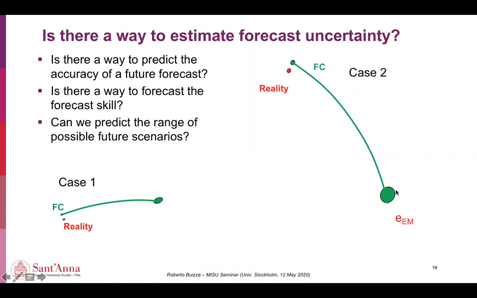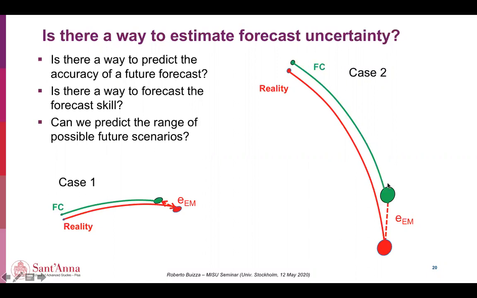Will it end up close to this point or far? In some cases it might end up quite far, or in some cases quite close. If you had access to only one single forecast, it's very difficult to estimate your confidence around this forecast.